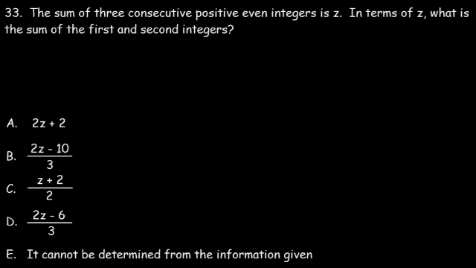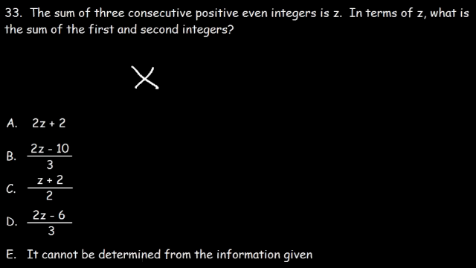So the sum of 3 consecutive positive even integers is z. In terms of z, how can we find the sum of the first and second integers? Feel free to pause the video and try this yourself. So let's say that the first integer is x.